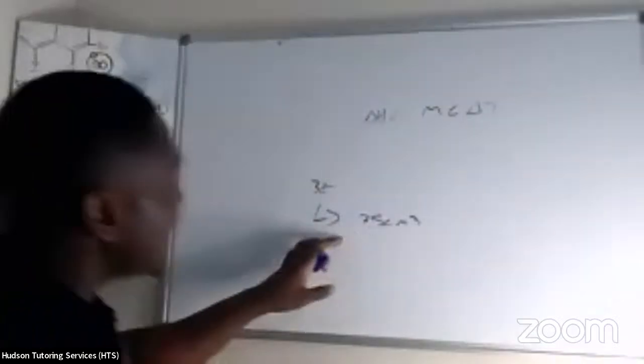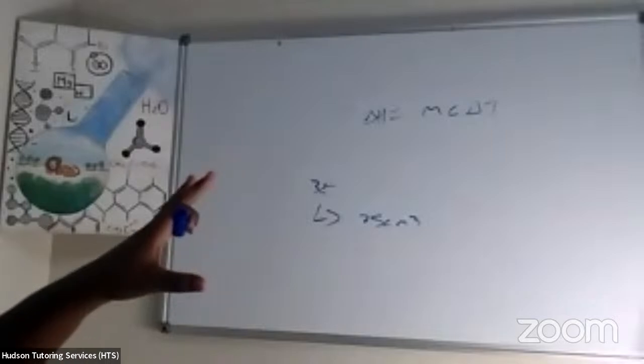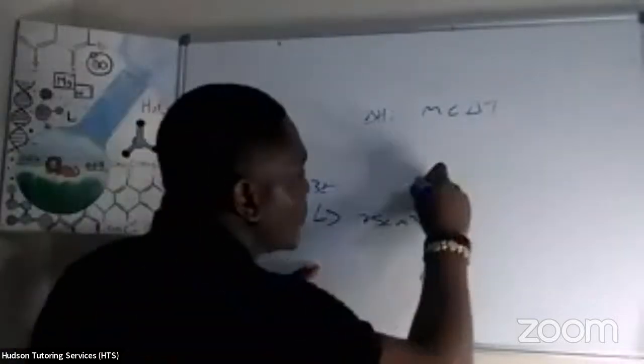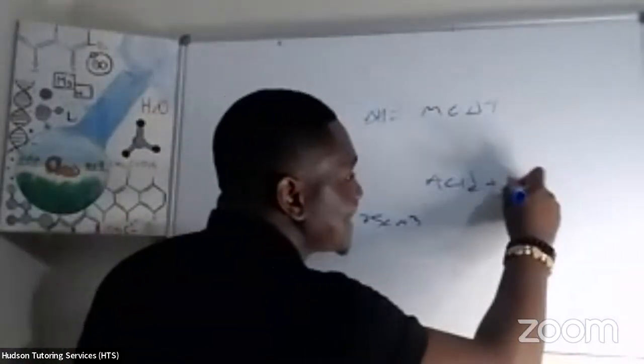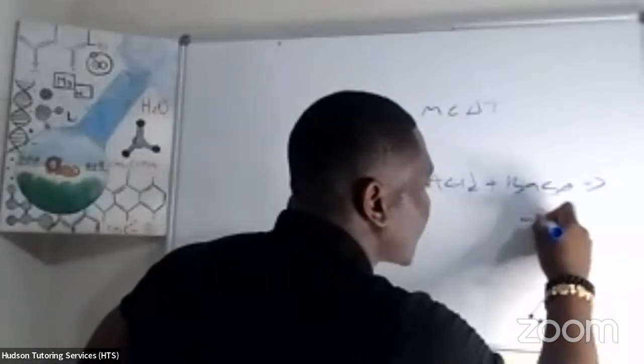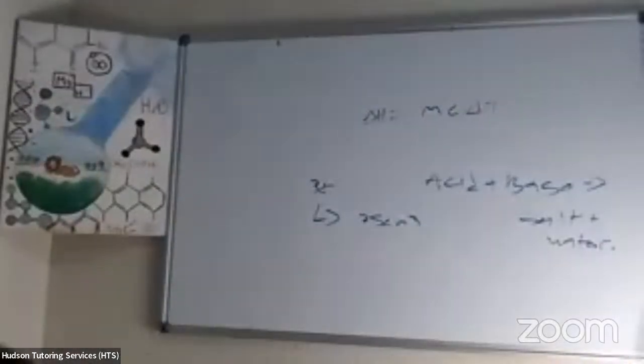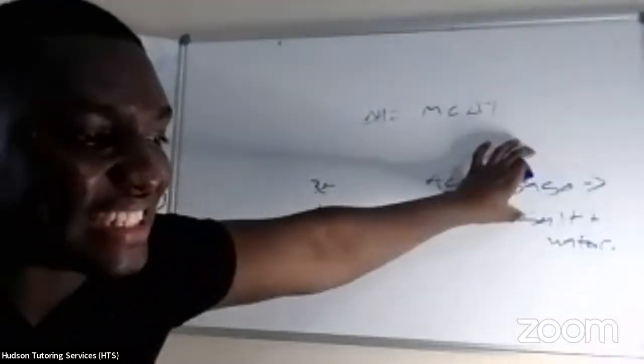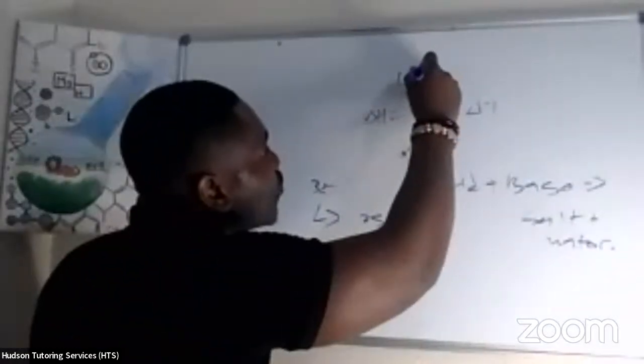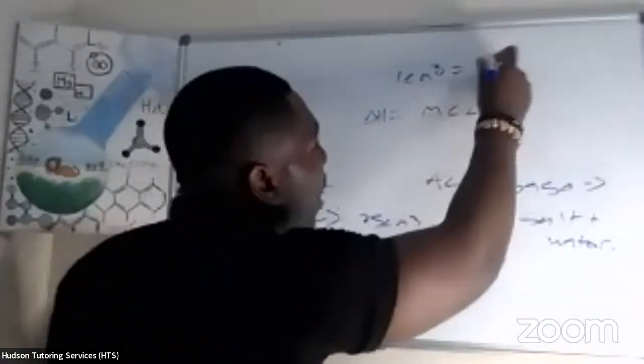Because it's a heat of neutralization reaction, which takes into account the addition of an acid and a base to form salt and water, we must account for the overall mass of both acid and base. We make the assumption that 1 centimeter cube is equal to 1 gram.